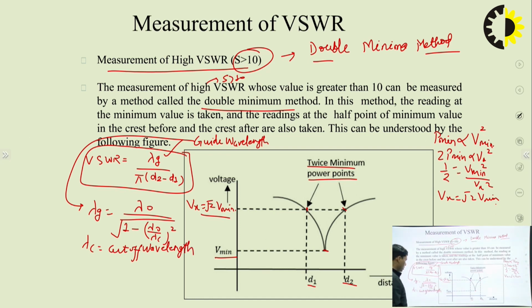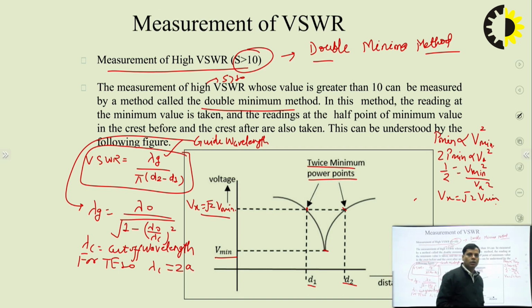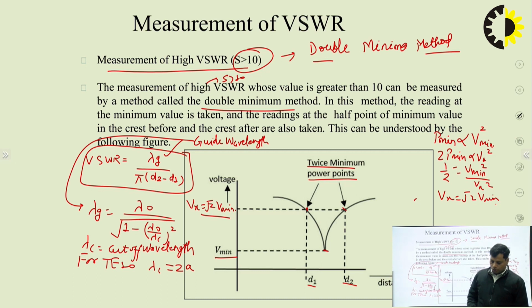Its value for the TE10 mode is lambda C is equals to twice of A, lambda C is equals to 2 into A. A is the broader dimension of the waveguide which we are going to use here.